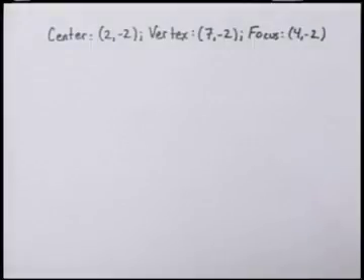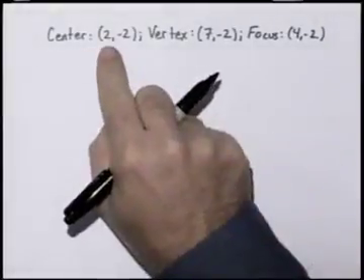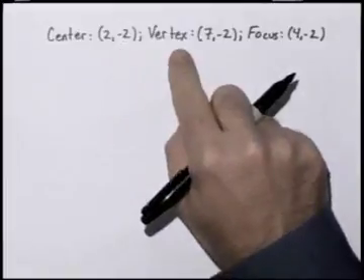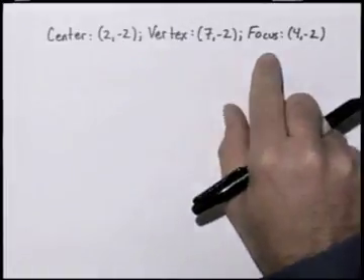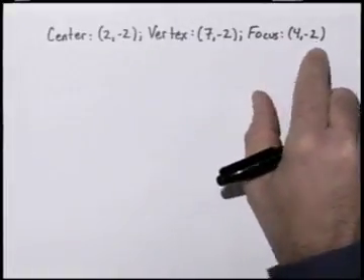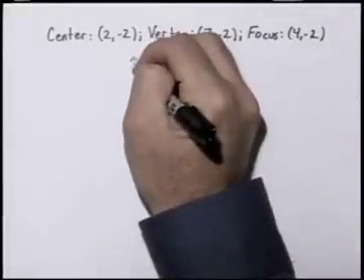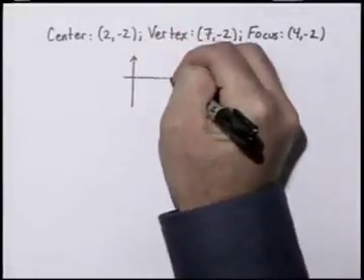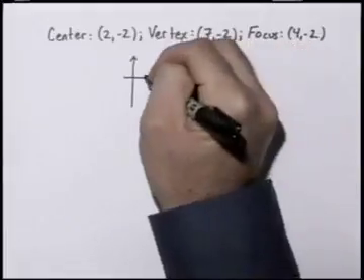We want to find the equation of an ellipse whose center is at (2, -2), vertex at (7, -2), and focus at (4, -2). Again, let's go ahead and plot these points in the Cartesian plane.